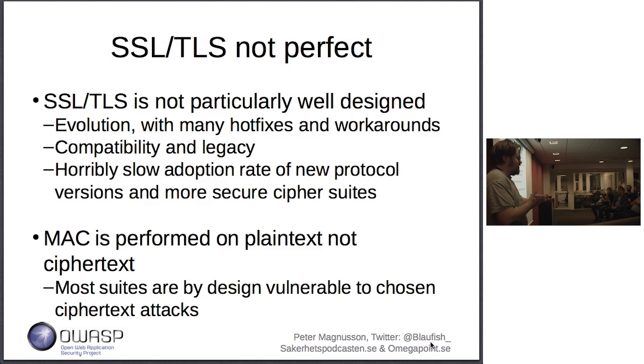So this is not a perfect protocol by any means, meaning that it's not that people sat down and invented the perfect protocol. That's not what happened. We invented one protocol, and then more and more flaws were found in it, and we patched, and with almost every patch we tried to keep compatibility.